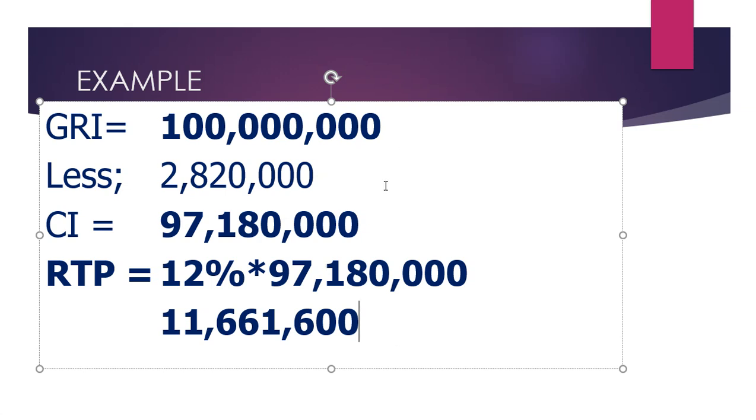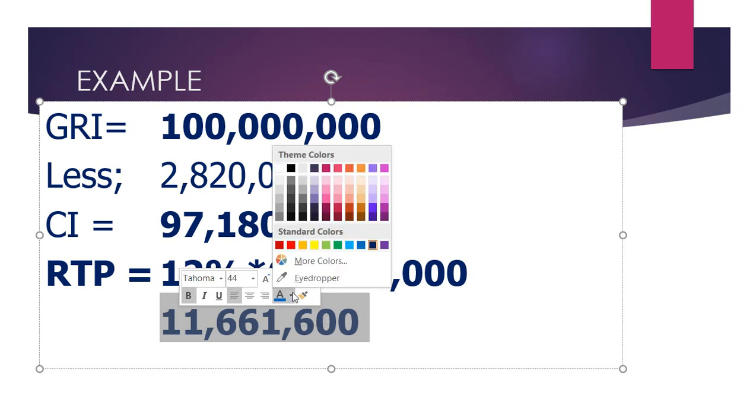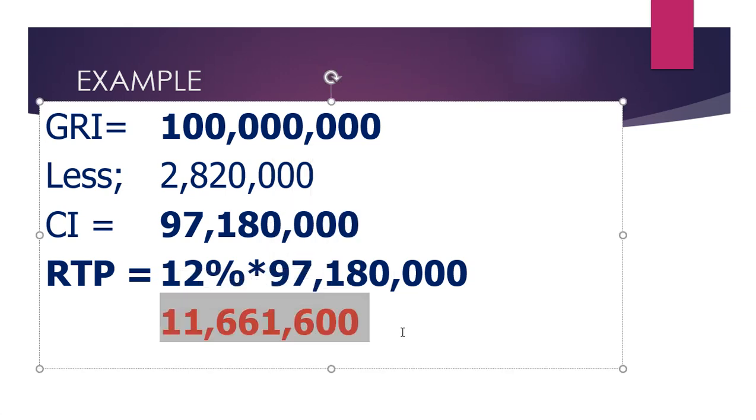We had gotten 15 million as a company, but an individual will pay about 11.661 million. So that is how we compute rental income.